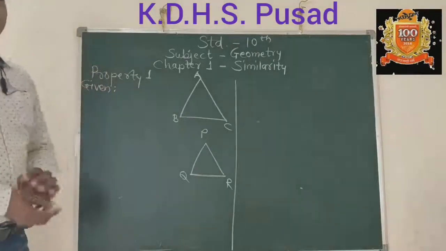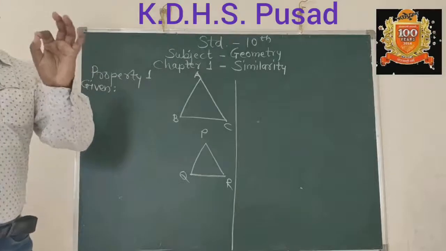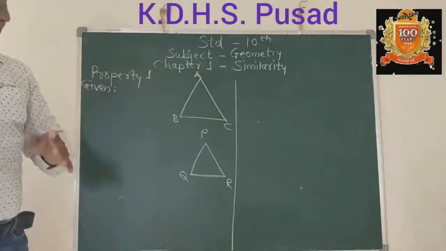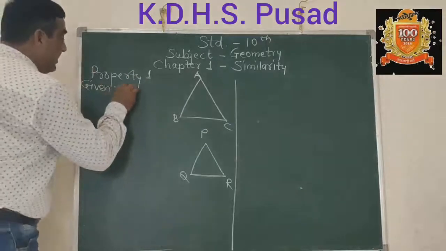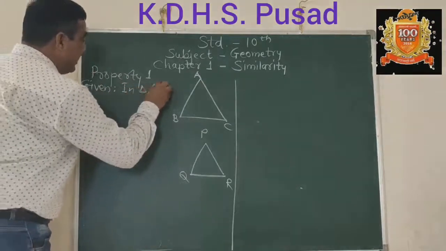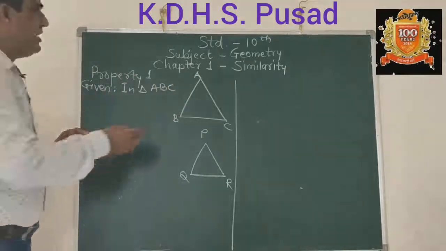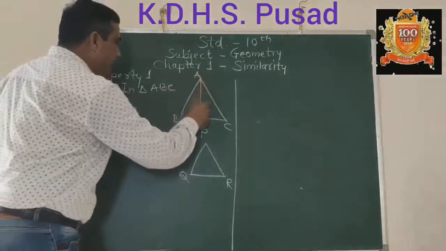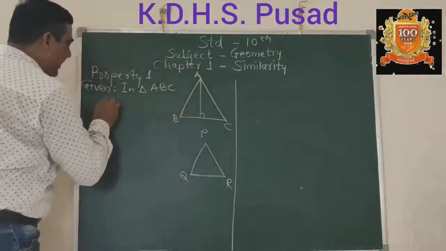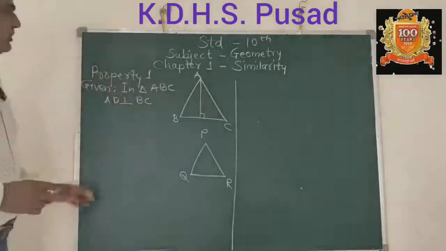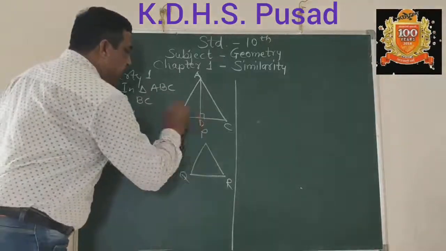What is given to you? As the ratio of areas of two triangles, that means you are given two triangles. So here, in triangle ABC, as there is the word area, that means base and height is given to you. So let's draw base and height. So here AD perpendicular to base BC. So we got base and height.